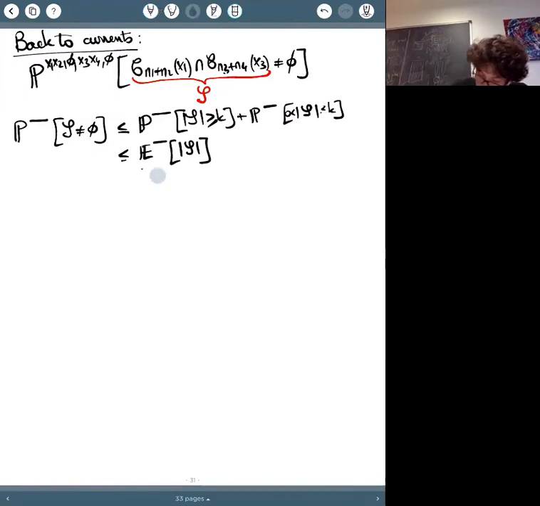Sorry, we can bound it by this divided by K. This is by Markov inequality.